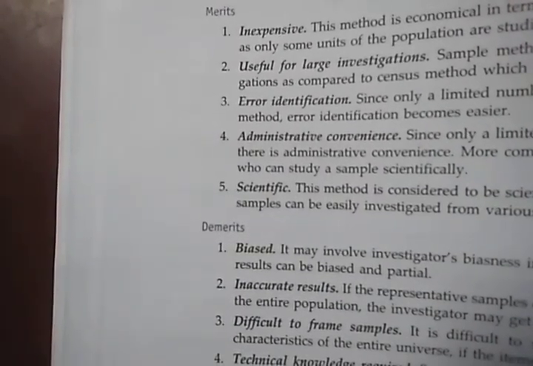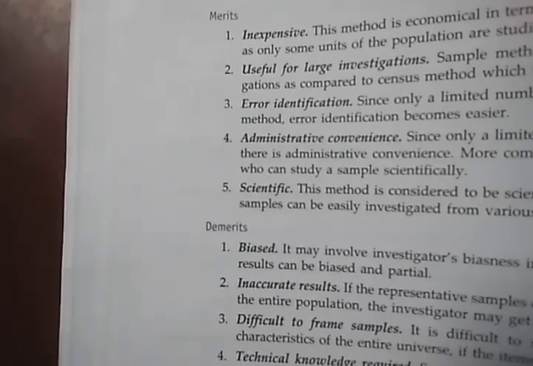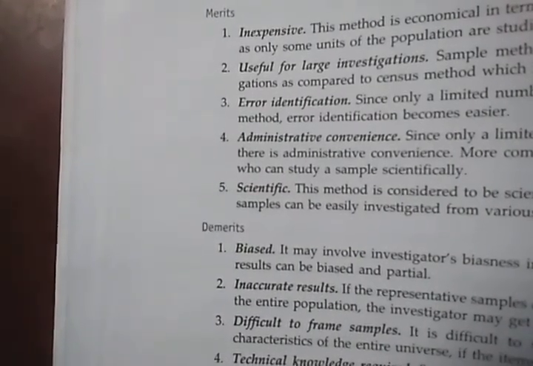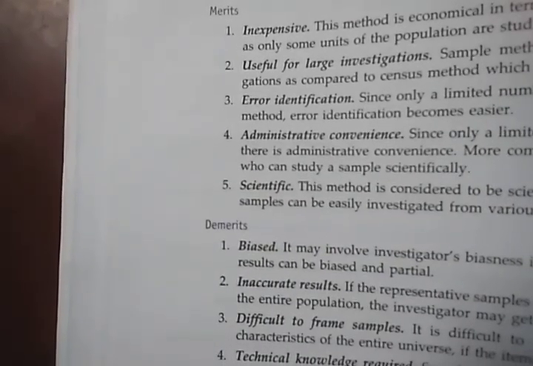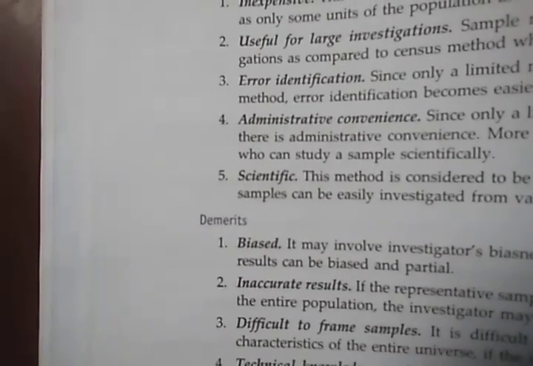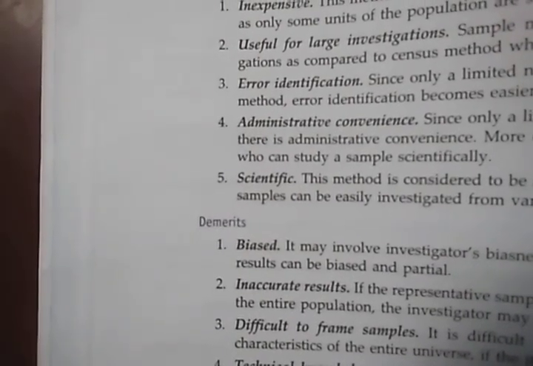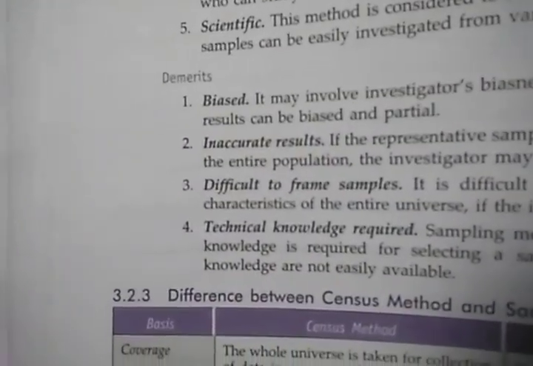Administrative convenience, that means it is better, as it is less time consuming and also less labor consuming. So the administrators or enumerators who collect the data can easily collect the data. Scientific, in the sense that with the help of some formulas in statistics, the data can be collected more scientifically.